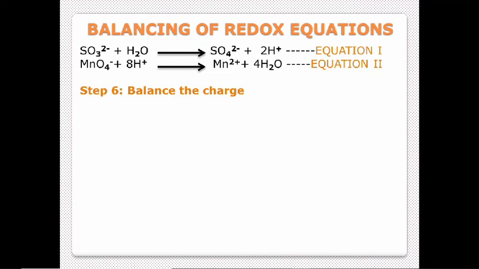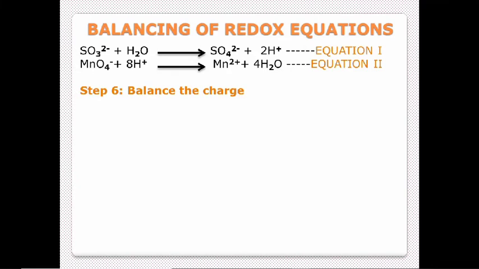Then on the product side, we have 1 sulfate ion times 2 minus the charge, that gives 2 minus, plus 2 times plus 1 for the hydrogen ion, and that gives 2 plus. So on the product side, we have 2 minus plus 2, and that's 0. On the reactant side, we have minus 2.